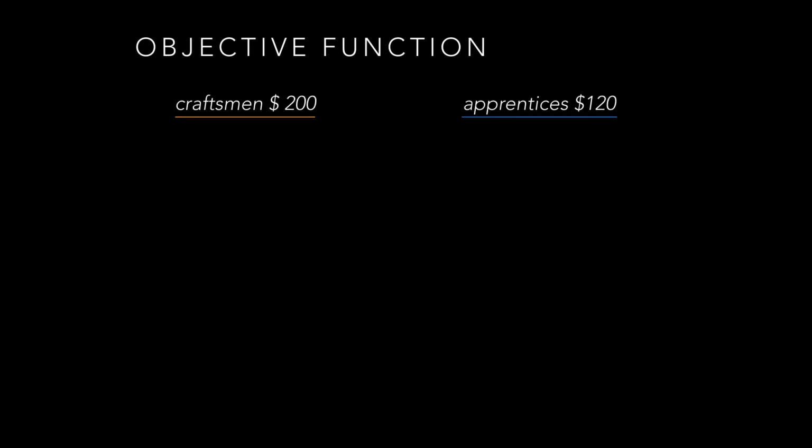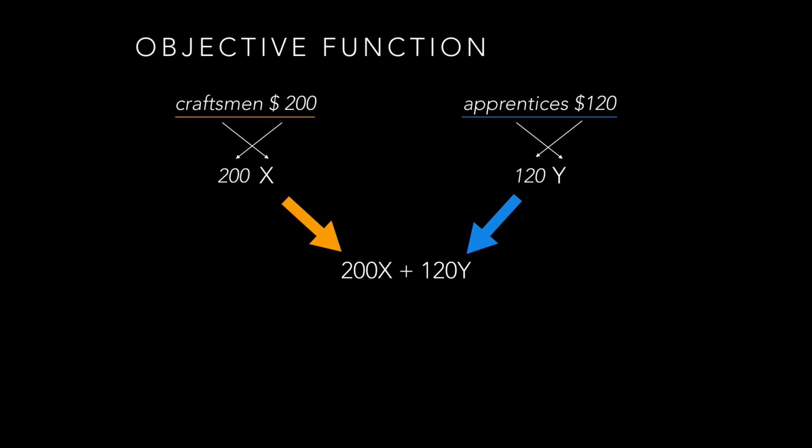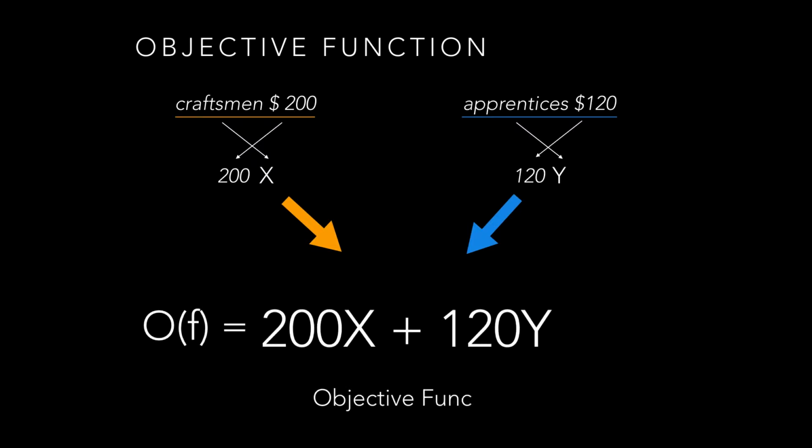Let's label it: what each one receives per day and who receives this value, X and Y being craftsmen and apprentices. Let's join both together: 200x plus 120y. This is our objective function.